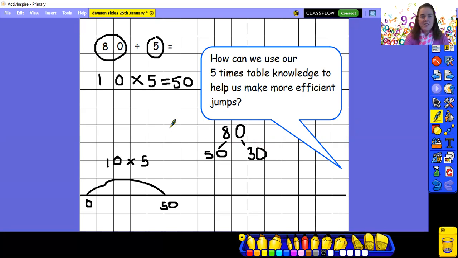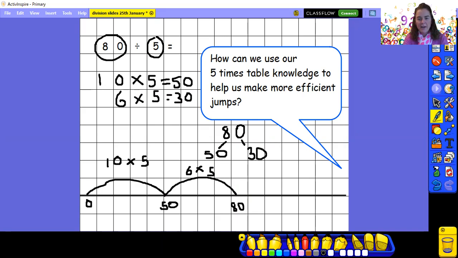So you might know that 6 times 5 equals 30. So then you could use that knowledge to do a jump of 30 to take you to 80. And then up here, I'd write 6 times 5.